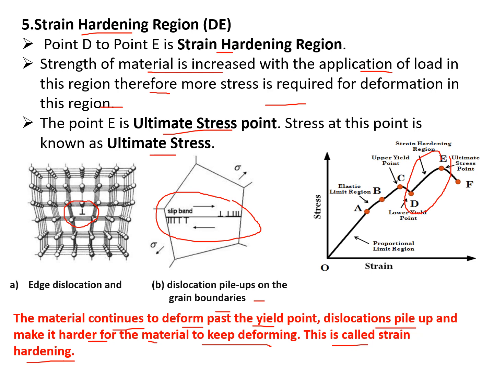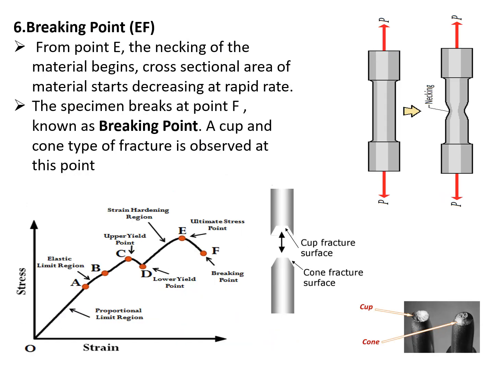Okay, so now we are at point E. And now from E to F, you see this region, and this is the necking of the material. You see, this is the sample, and now you see in this EF region we have the necking of the material. It means the cross section decreases at a rapid rate, and finally at F the material will break, and that is known as the breaking point, okay?